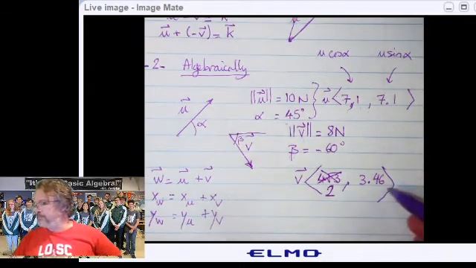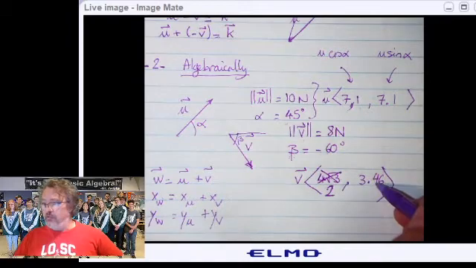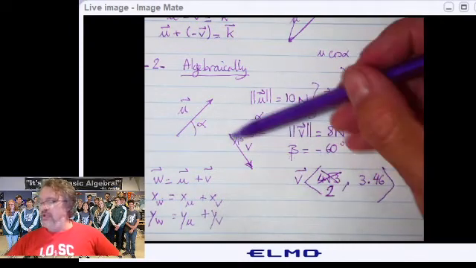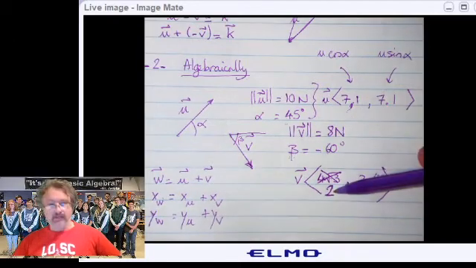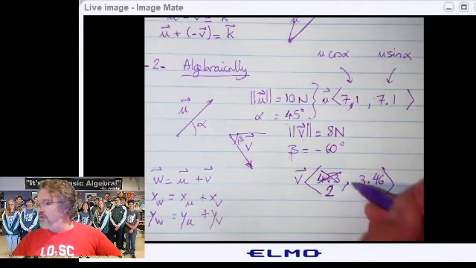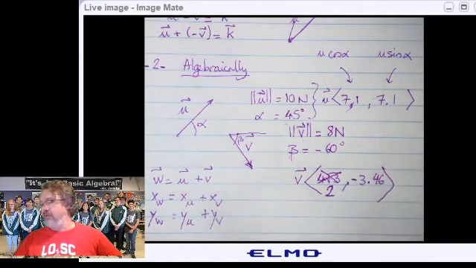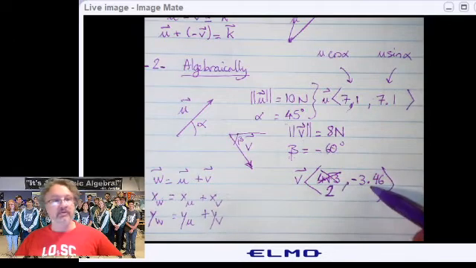Okay. But let's look at the picture for a second. You see that the vector v is going to the right, which means that its x-component will be positive. It's going down, which means that its y-component will be negative. Now, if you had used negative 60 directly, it would have given you this directly. Okay.